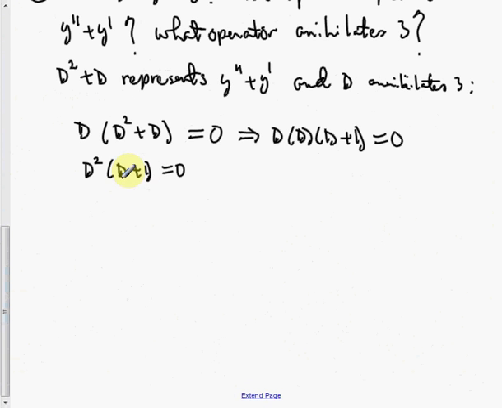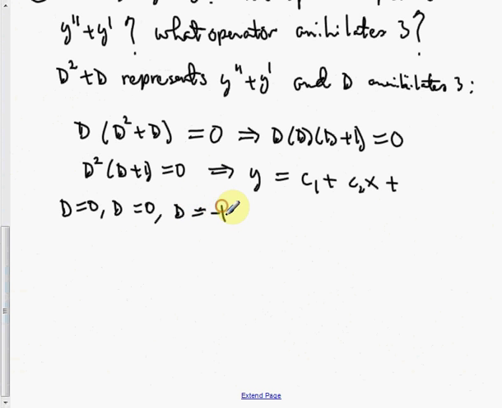If I take this representation and apply this to the constants, this says that y is equal to, this first D is a constant that it annihilated, and then plus some, that second D is a repeat, so it's c sub 2 times x. In other words, this is D equal to 0, D equal to 0, D equal to negative 1.